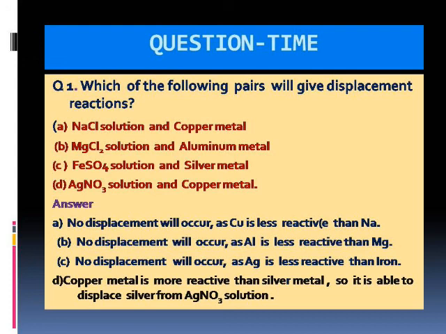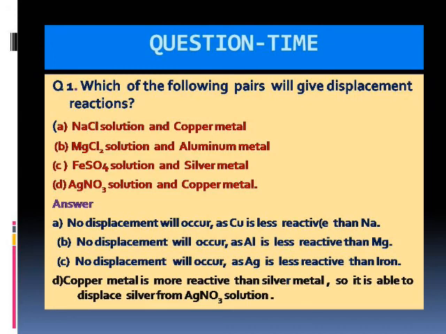In third case, silver metal is less reactive than iron metal, so no displacement reaction will occur between ferrous sulfate solution and silver metal. In fourth case, copper metal is more reactive than silver metal, so a displacement reaction will take place between silver nitrate solution and copper metal.